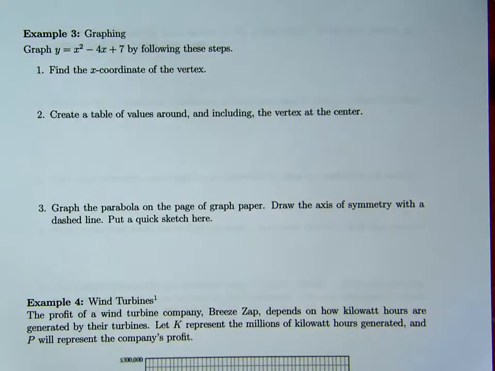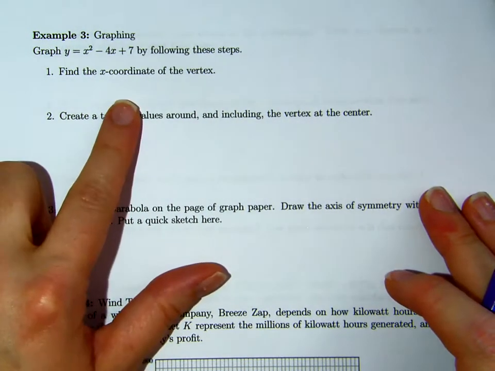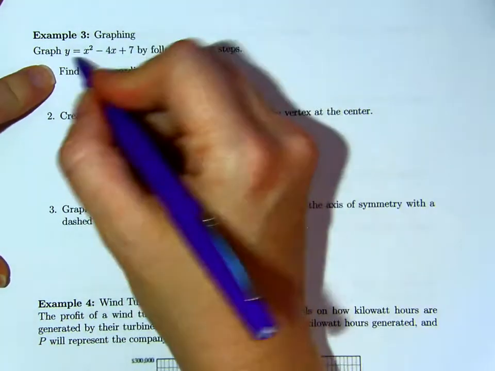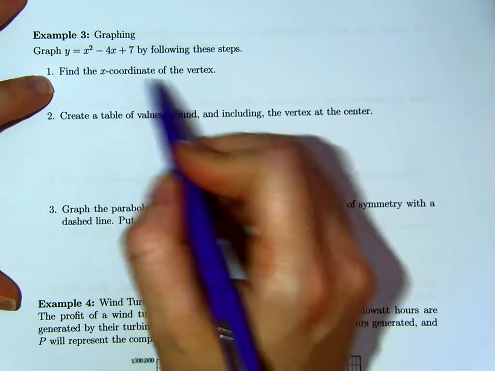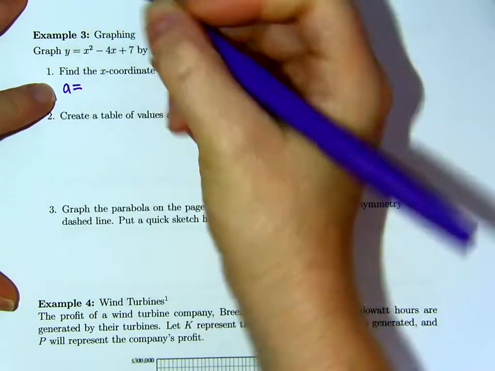Let's see example 3. Graph y equals x squared minus 4x plus 7 by following these steps. Find the x-coordinate of the vertex. Okay, well, right off the bat, I see that it is a quadratic, so it does have a vertex, but I want to label this.